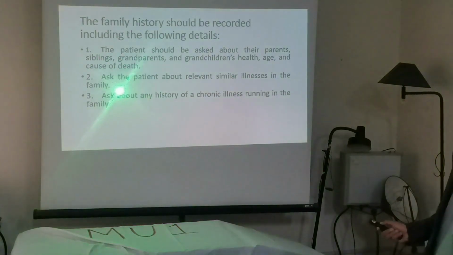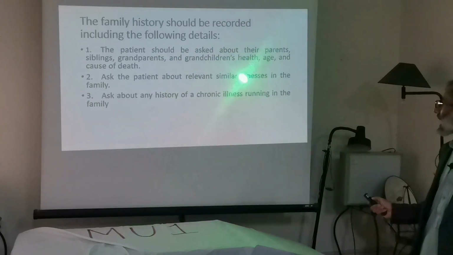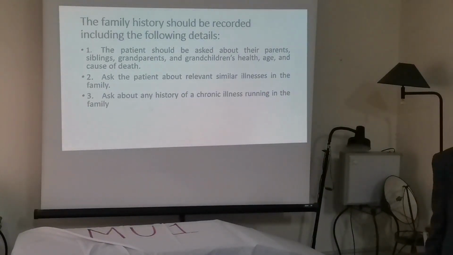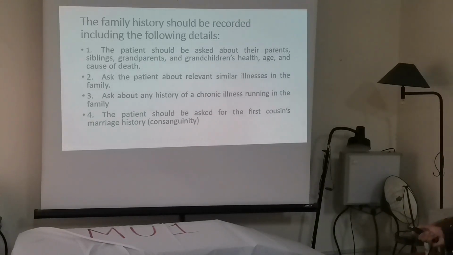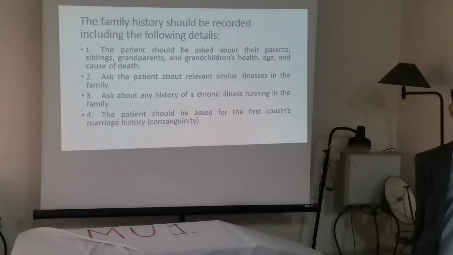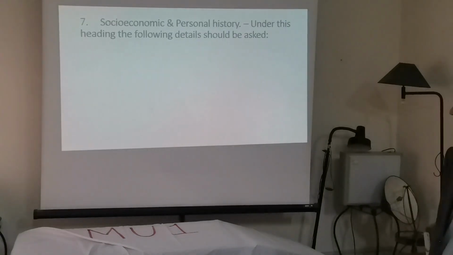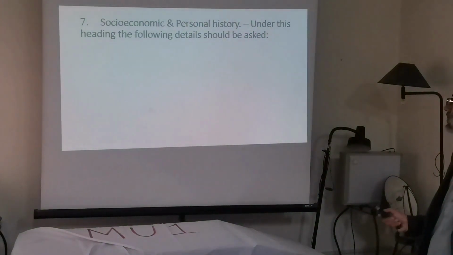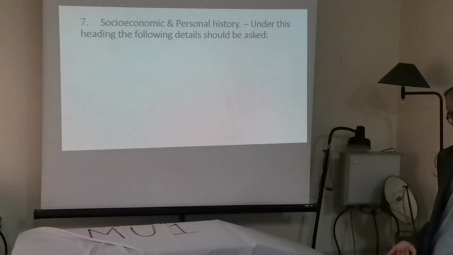Third component, ask about any history of chronic illness running in the family. There is a difference. One is the relevant similar illness. Other is the chronic illness in the family. The fourth component, the patient should be asked for the first cousin marriage history, if you are suspecting thalassemia, sickle cell disease.